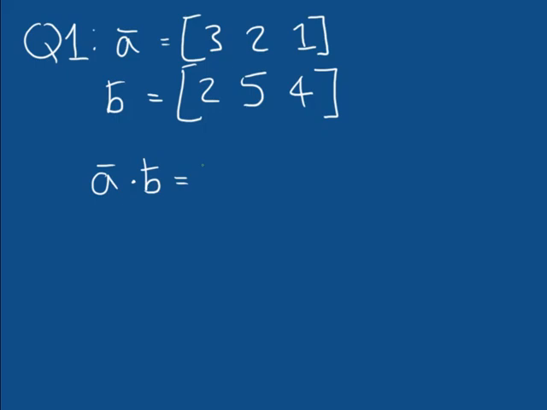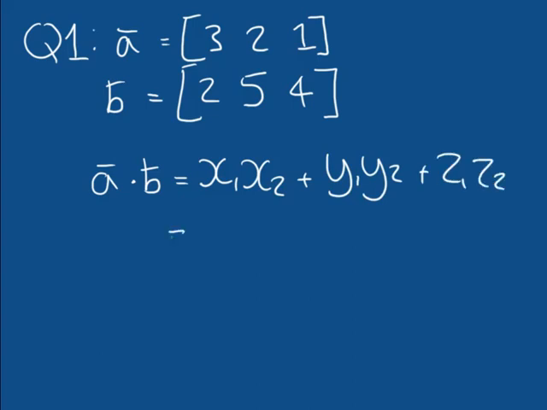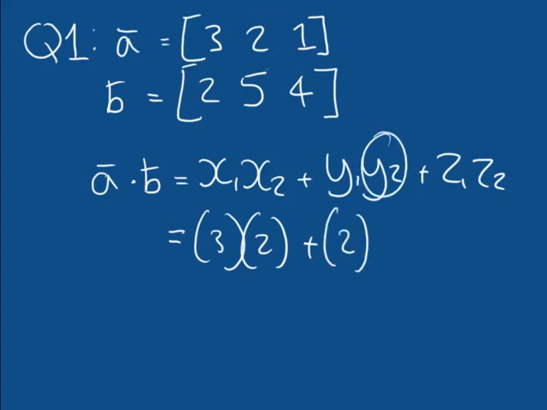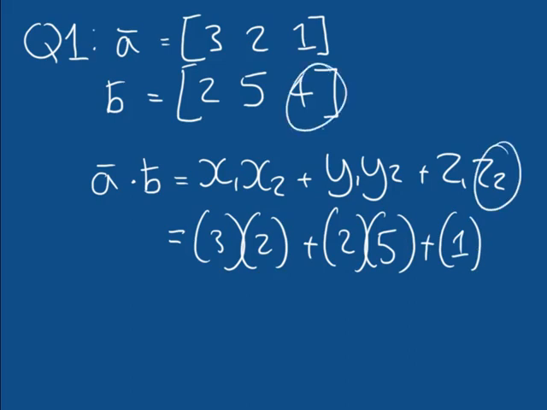So we know the component definition of our dot product is that A dot B is equal to x1 x2 plus y1 y2 plus z1 z2, which means A dot B is equal to x1, 3, times x2, which is 2, plus y1, which is 2, times y2, which is 5, plus z1, which is 1, times z2, which is 4.